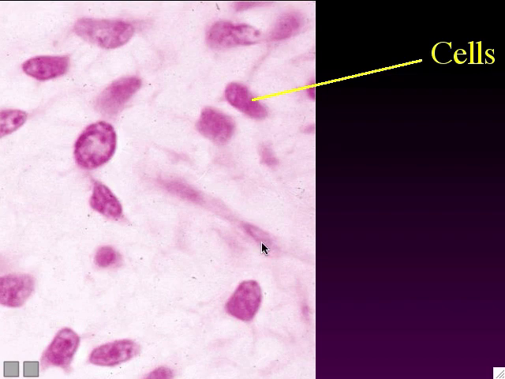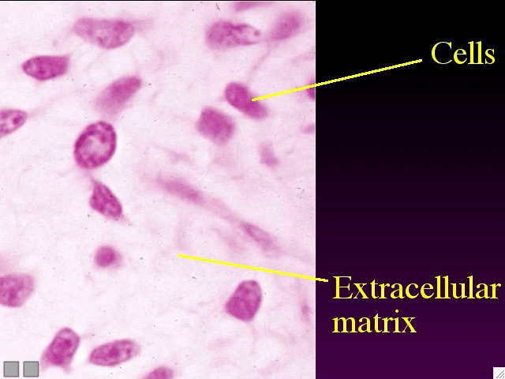Now, you may wonder, well, there's got to be something between these cells of the connective tissue. Well, there is, and the material that fills the space between the cells of a connective tissue is called the extracellular matrix of the connective tissue. Now, you might wonder, well, what is this extracellular matrix made out of? Well, it really depends on which of the 6 connective tissues you're talking about.